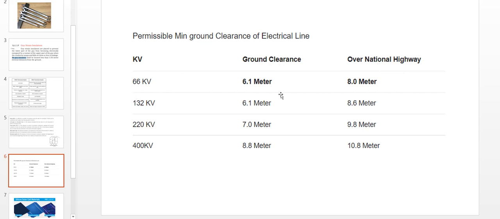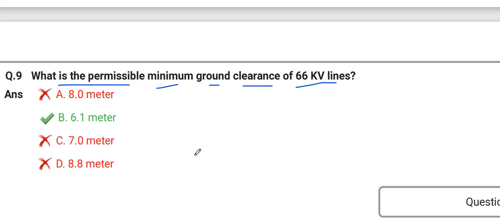For 66 kV it is 6.1 meters, and then for 132 kV, 220 kV, and 400 kV. You can learn these points, they can ask any point from this table. So you have to remember, for 66 kV lines, the answer is 6.1 meters.